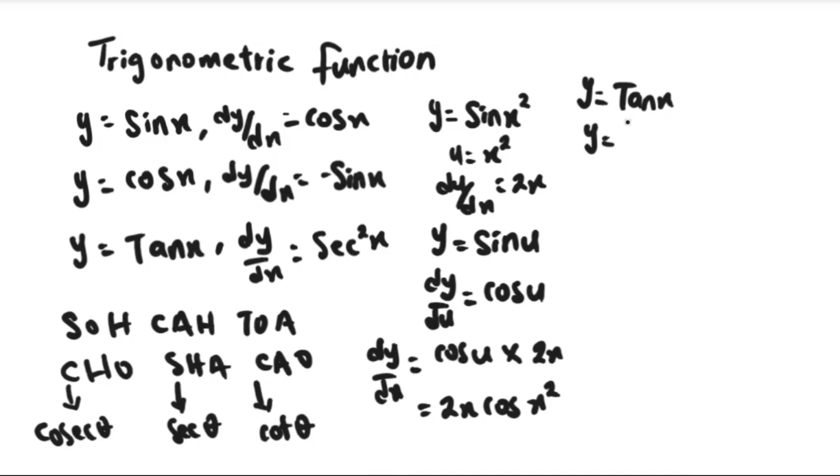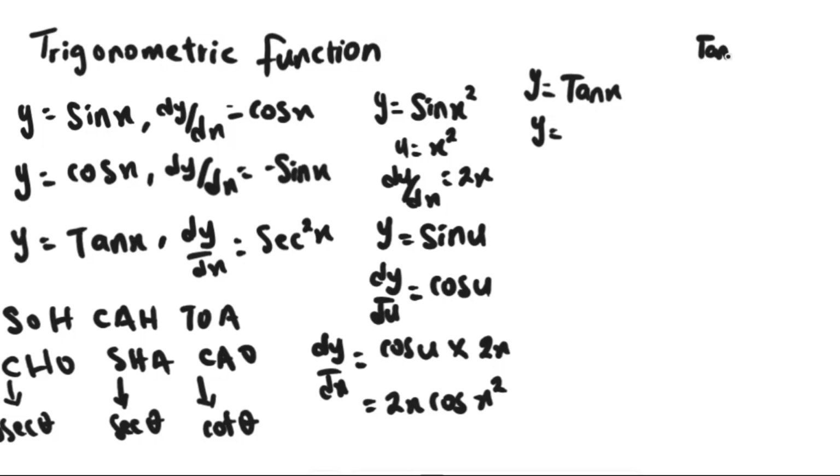One of the trigonometric identities that connects tan, sine, and cos is that tan theta, in this case we are using x, is equivalent to sine theta over cos theta. So that's sine x over cos x. So it means that tan x here is the same thing as sine x divided by cos x.